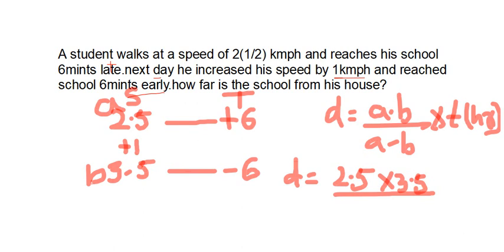So the difference 3.5 minus 2.5 is what, friends? 1. Yes or no? 3 minus 2 is 1. Similarly 3.5 minus 2.5 is 1, into time. What did I tell you here? When they ask to find the time, you need to add these. This point is very important. Don't forget, friends, when they ask you to write the time, you need to add the initial time and the later time, both. 6 plus 6 is what, friends? 12.